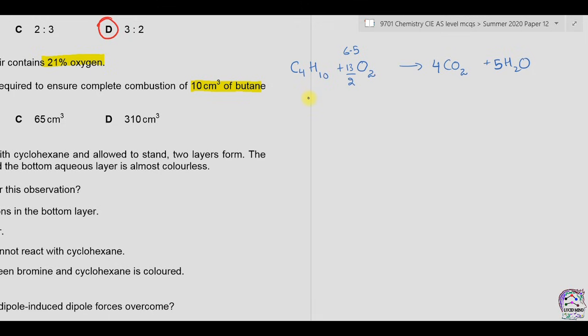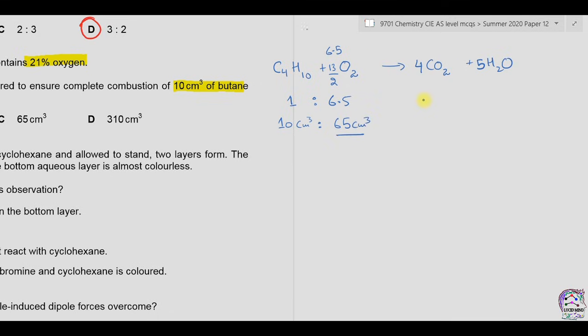Now we can see that the mole ratio between butane and oxygen is 1:6.5. So we can also say that 1 volume of butane requires 6.5 volumes of oxygen gas. So for 10 cm3 of butane gas, we would require 65 cm3 of oxygen gas.